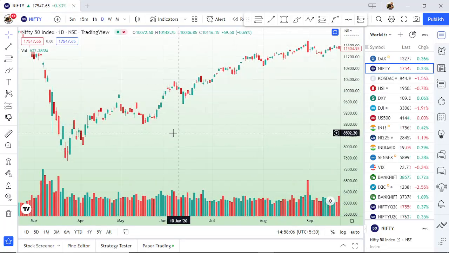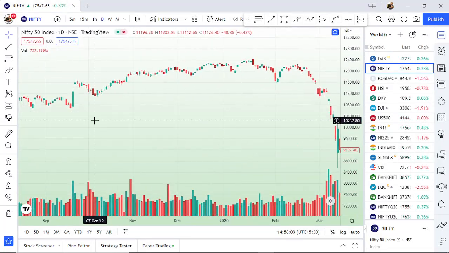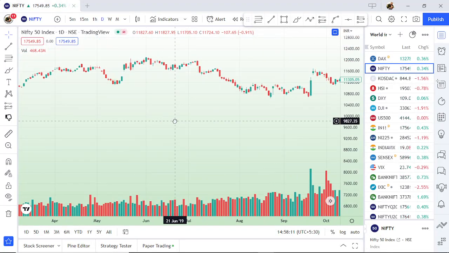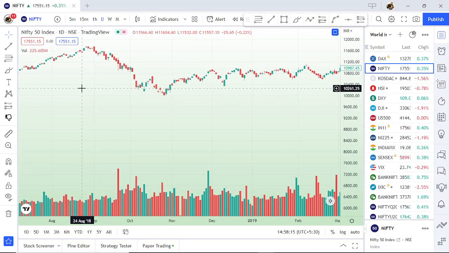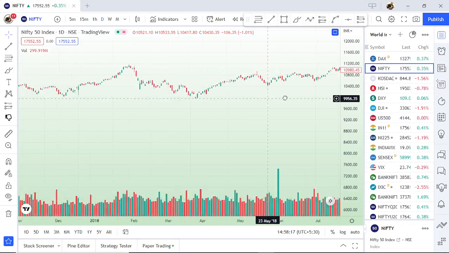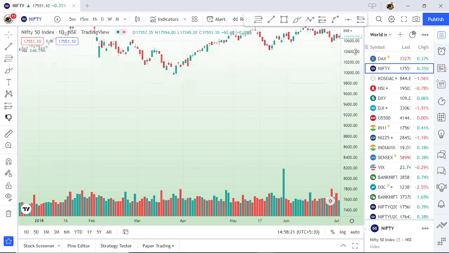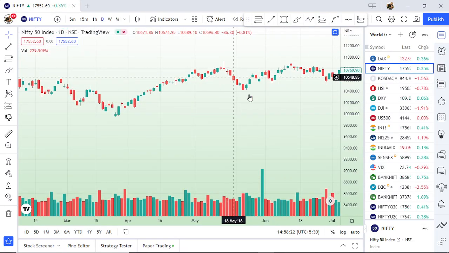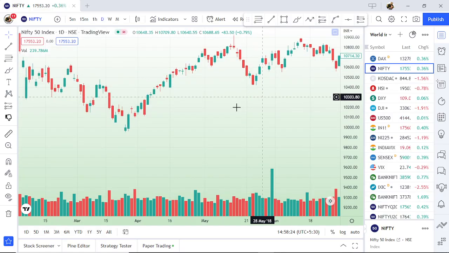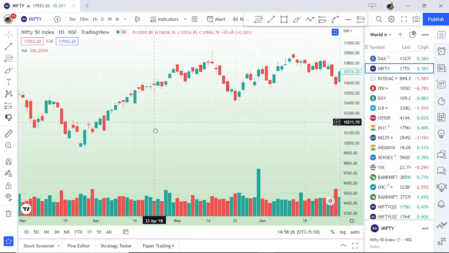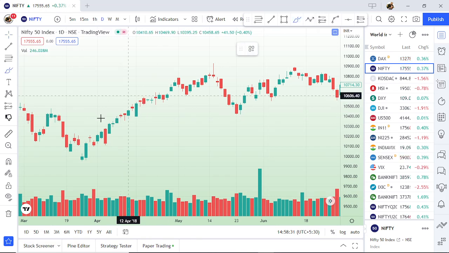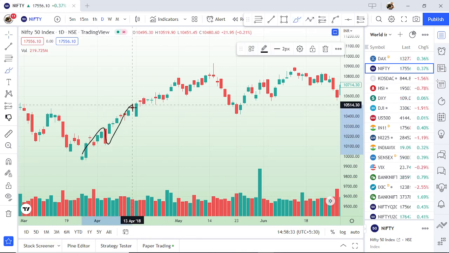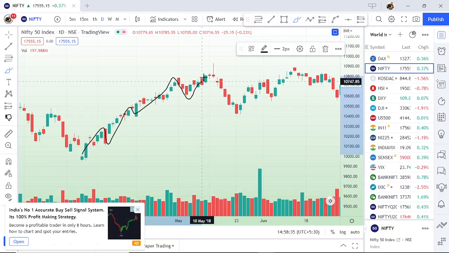Let's just scroll. You see one here. It's not perfect, but this is a very good example. You see that the buyers are pushing the market higher and higher. You can clearly see they're pushing it higher, and one fine day something happened here.